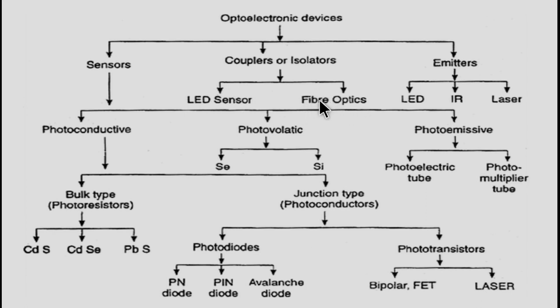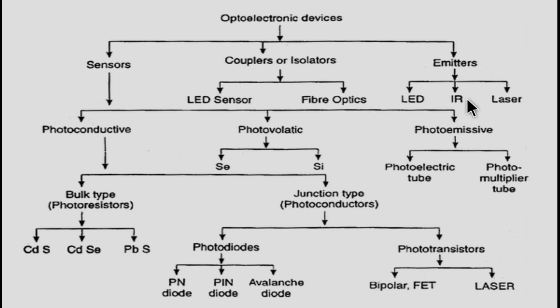Then we have the other end, the output, which is the receiving end. There you can couple the optical fiber with a photodiode. On the input side you couple the LED with the optical fiber. On the output side you couple the photodiode with the optical fiber.